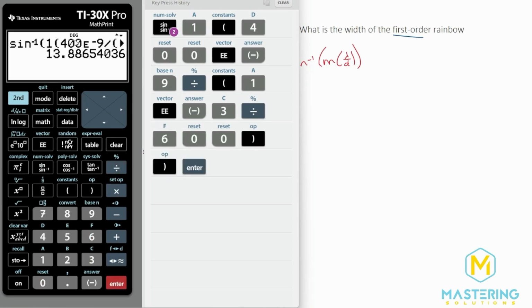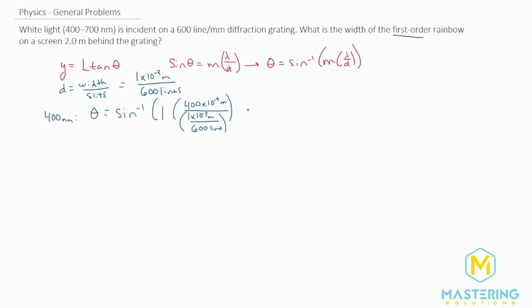Make sure you're in degree mode, otherwise you'll have to convert the radians into degrees, and it's easier just to change your calculator to degree mode. So our angle here is 13.89 degrees for the blue.